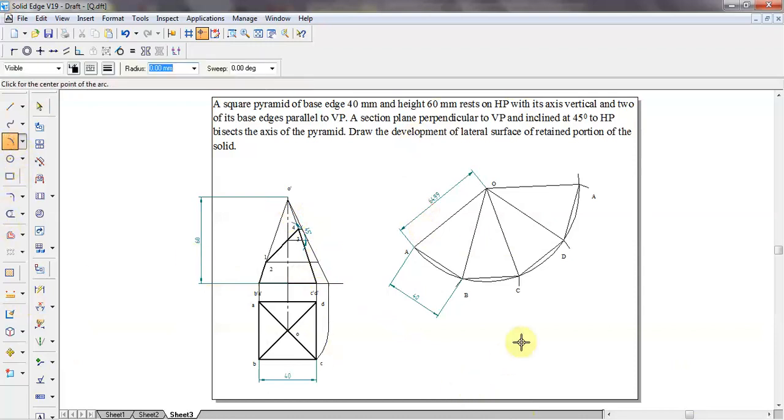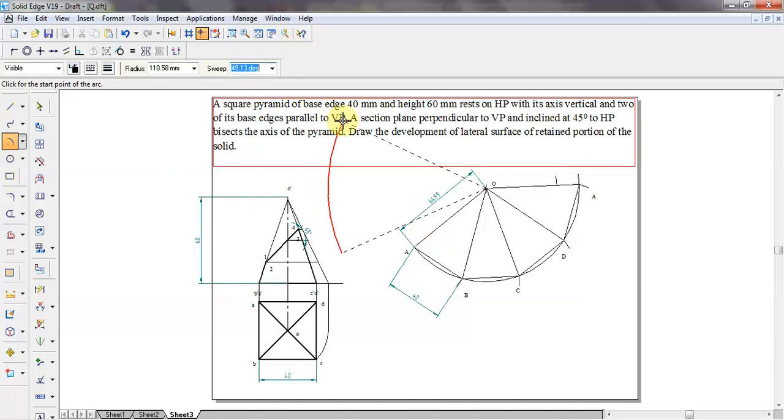So arc 49.13. It is cutting here. Again same point 49.13. This 49.13 is cutting OB also.